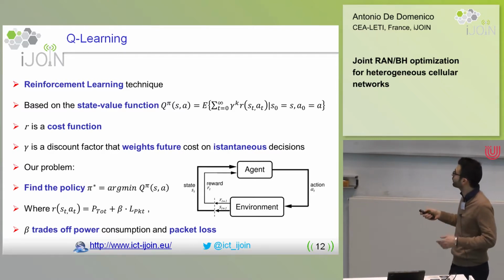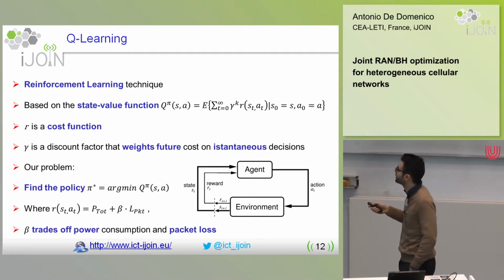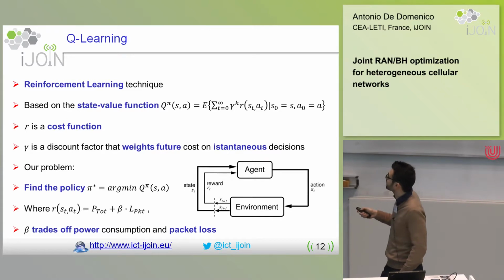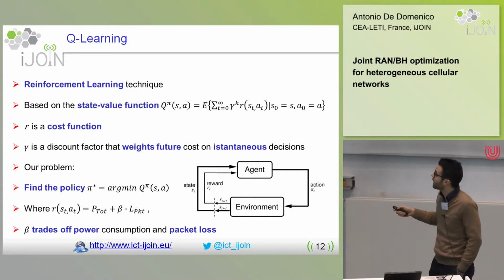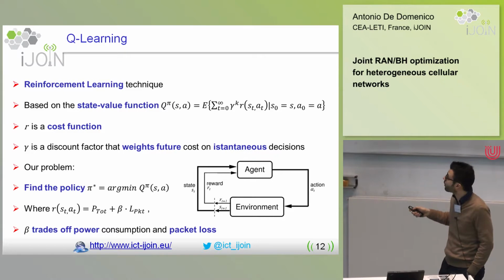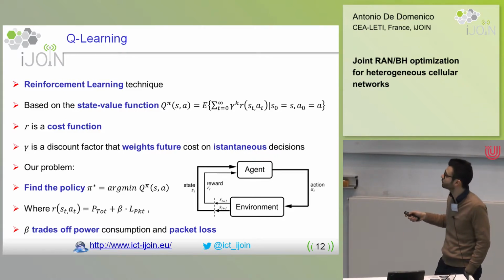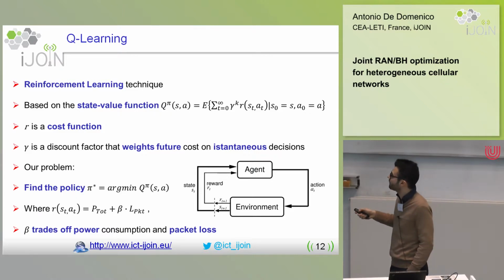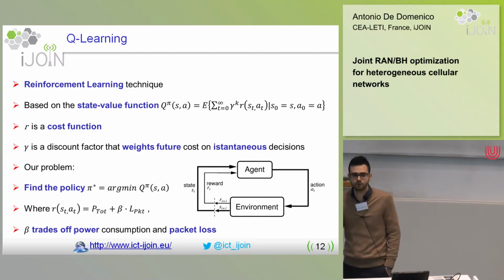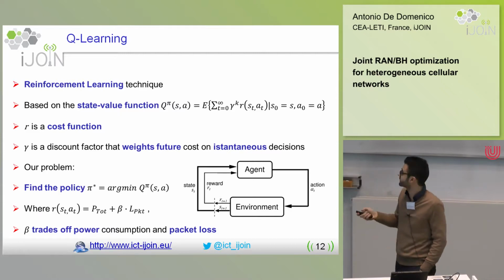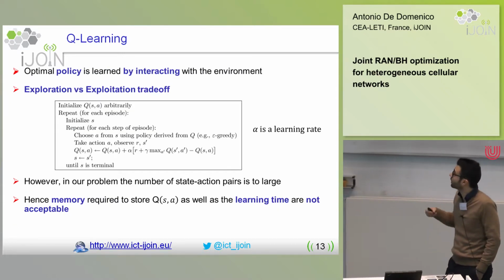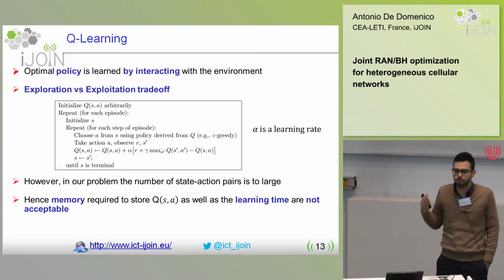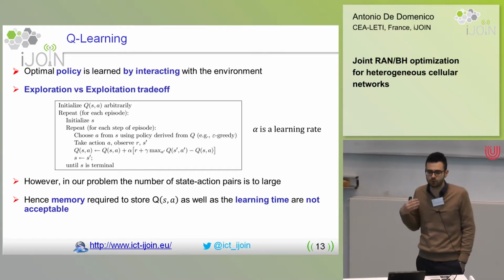So our problem was to find the strategy P that minimizes this function, where this is a multi-objective problem because, as I said, we take into account both the power consumption and the packet losses, and beta can be used to trade off amongst these two metrics. So the idea of Q-learning is to try to learn this optimal policy by interacting with the environment.